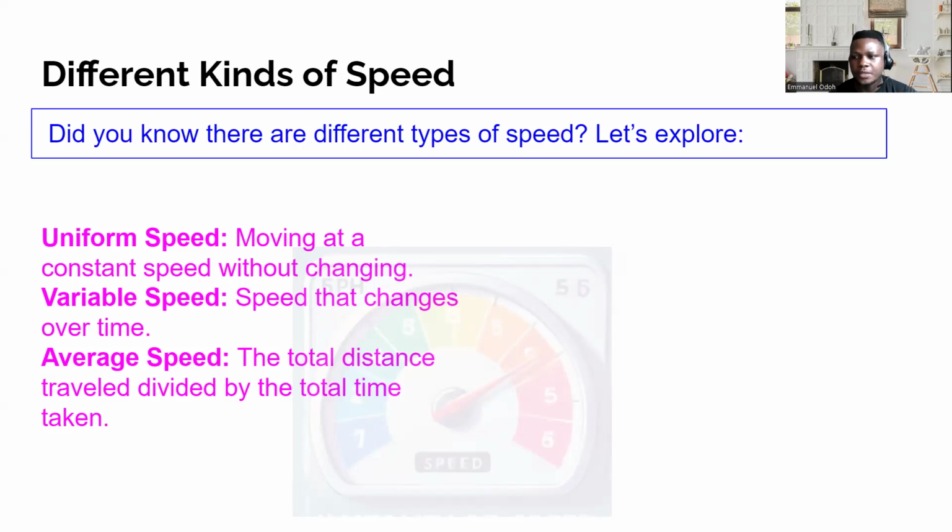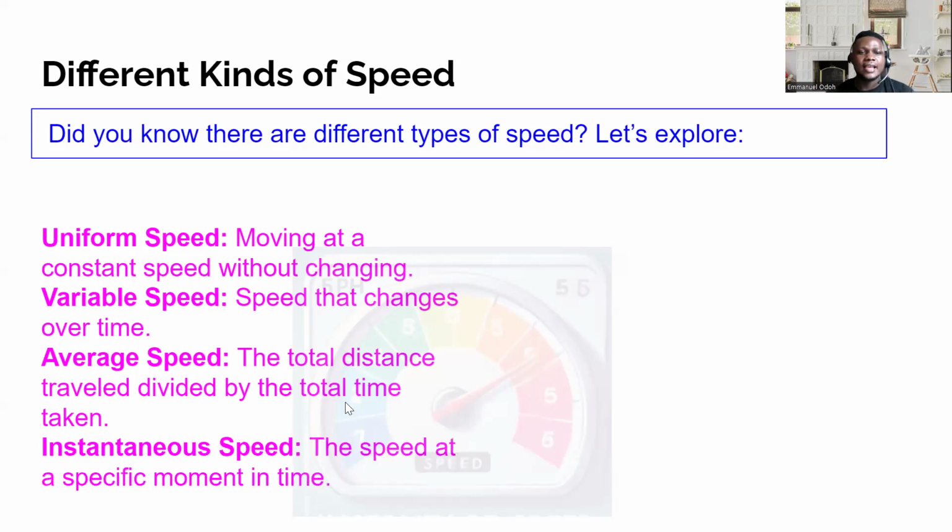It has to slow down, reducing its speed at different intervals based on the situation it meets along the road. So for us to get the average speed of that journey, we need to look at the total distance covered by the car and the total time it took the car to cover that distance. So the total distance divided by the total time is what we consider as the average speed.